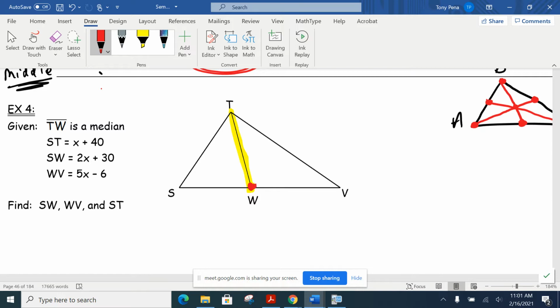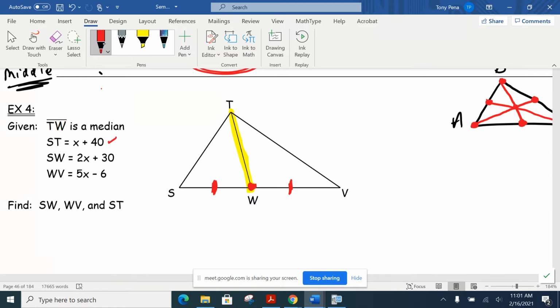So if this is directly in the middle, can't we now conclude, let's use some notation, that SW, put a single tick mark there, has to be congruent to WV? If W is in the middle, then it just cut those sides in half. Those have to be congruent. So we can do that right away.